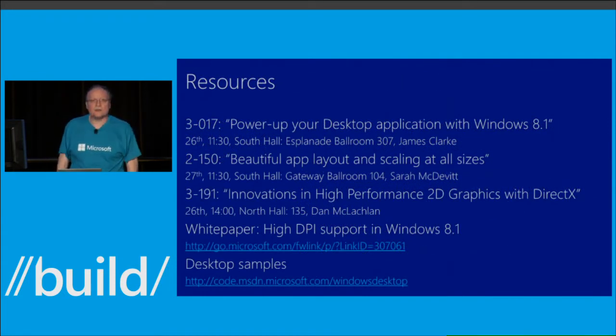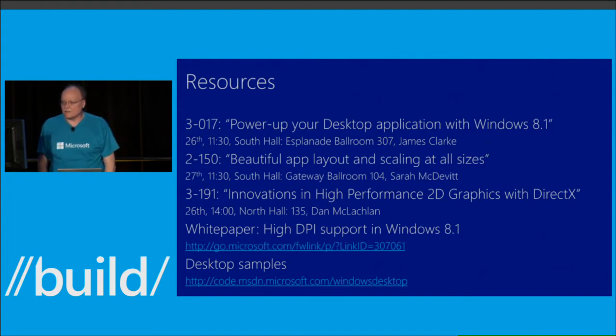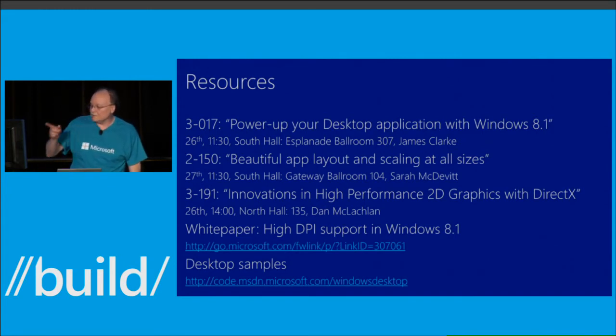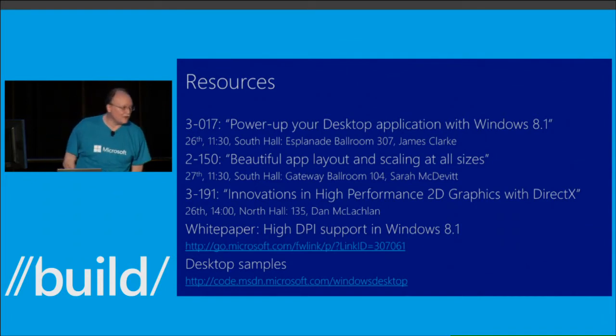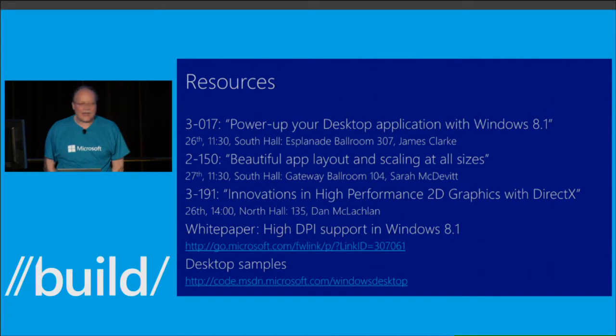So that pretty much wraps me up. I wanted to spend just a minute to talk about some of the other resources here. James Clark's talk this morning, you can view that later. That shows DPI as well as some other desktop application technologies in Windows 8.1. I alluded briefly to the Store Apps story.